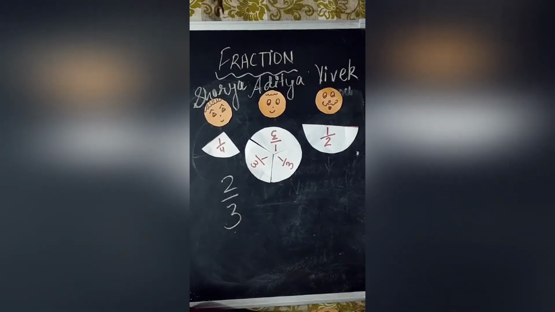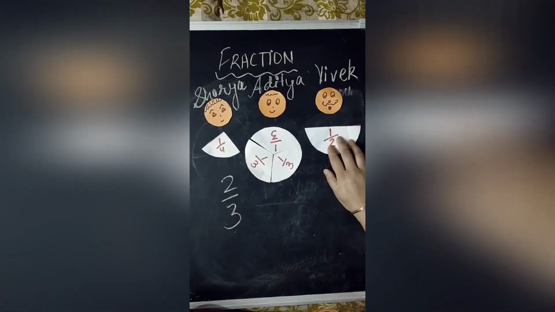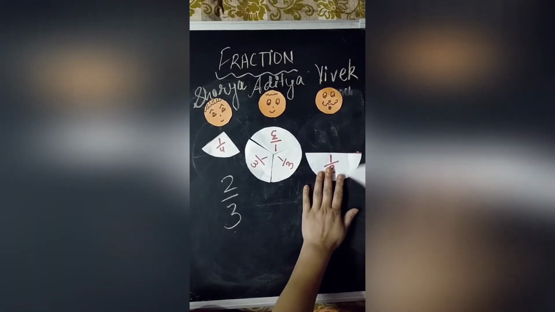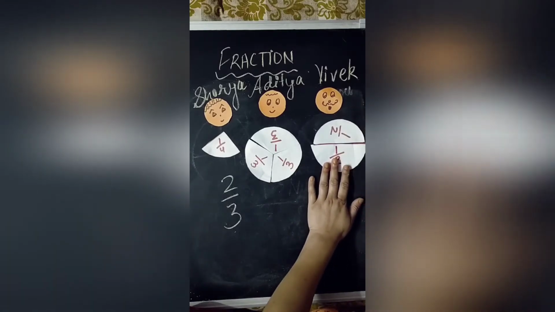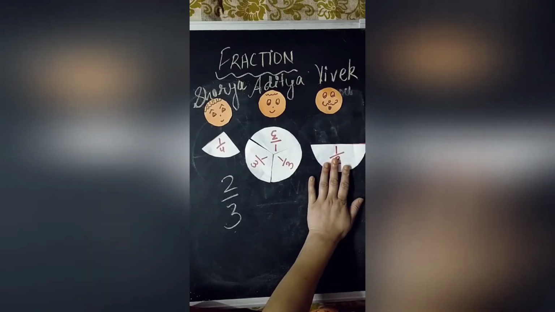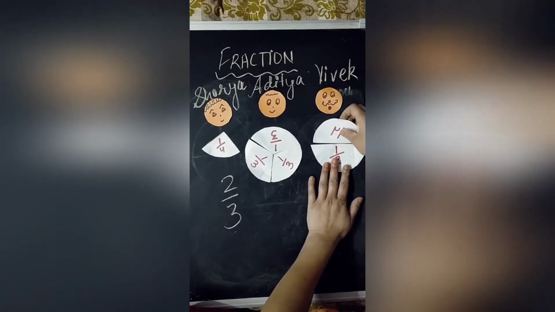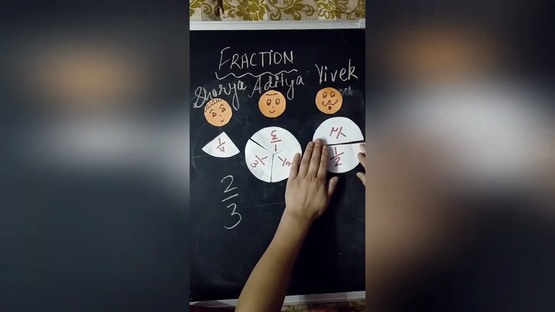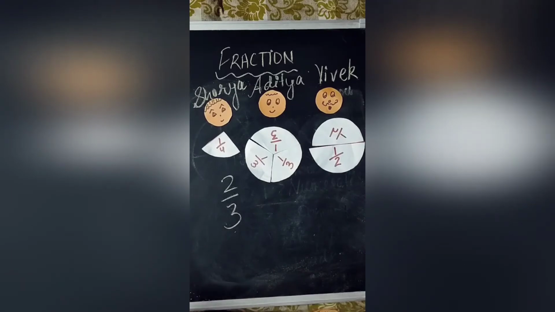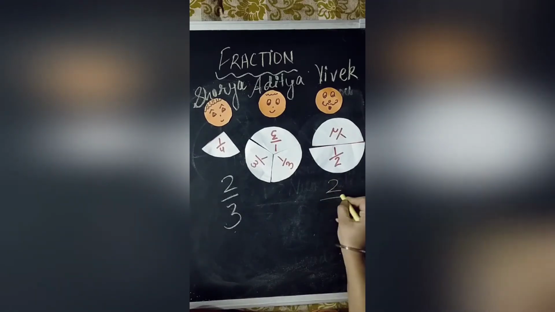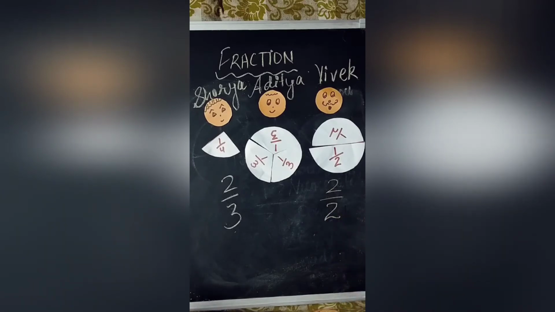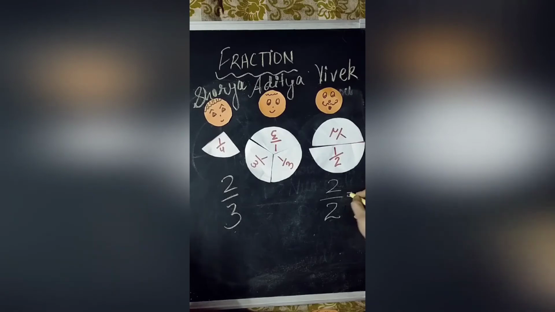Here also, if Vivek took one more part of the same pizza, how much did he eat? 1 full pizza. Or we can also read it as 2 halves. 2 halves means once, so we can write 2 halves as 1 full pizza.